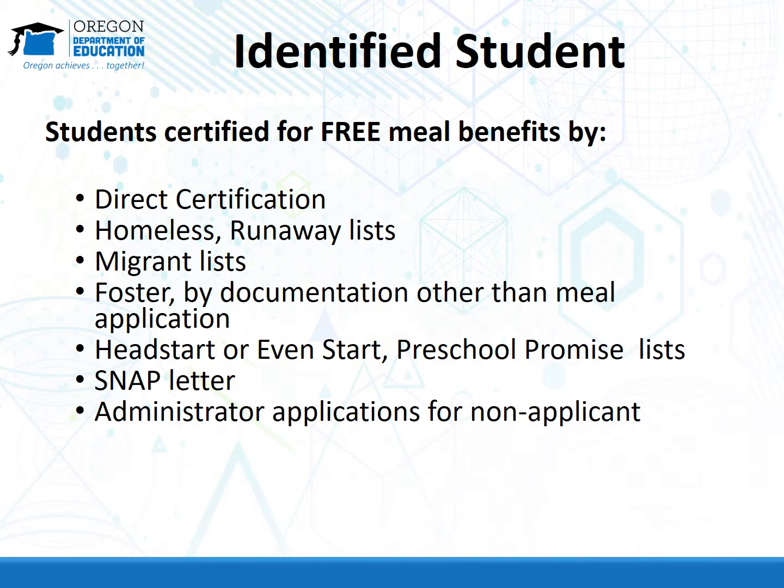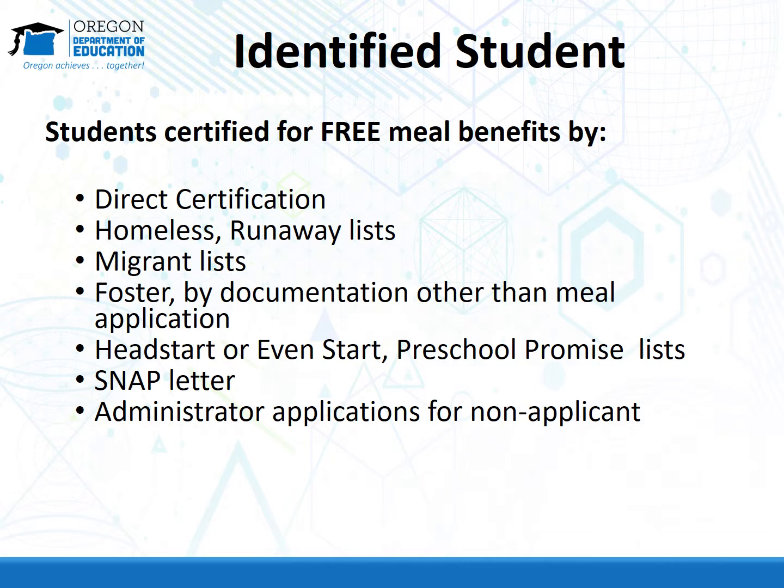The methods of certification that meet this criteria are directly certified with SNAP, Supplemental Nutrition Assistance Program, homeless runaway lists, migrant education lists, foster by documentation other than household meal application, Head Start, Even Start, or Oregon Preschool Promise, a SNAP letter, or administrative application for eligible households who have not applied, or any way that does not involve the household. Direct certification includes matched and unmatched lists and extend benefits to other children in the household.